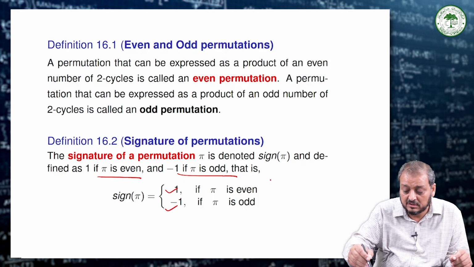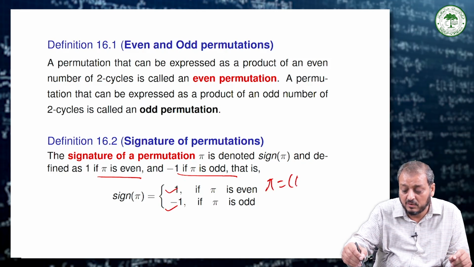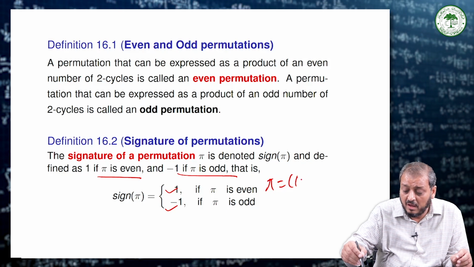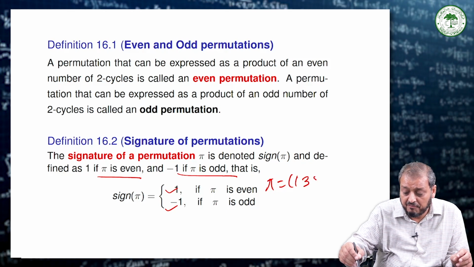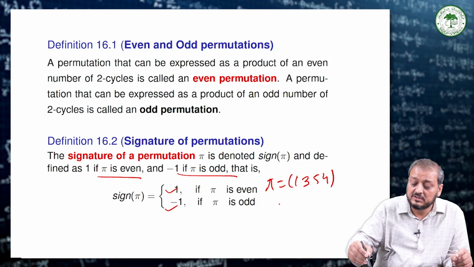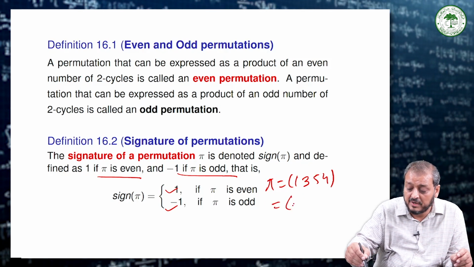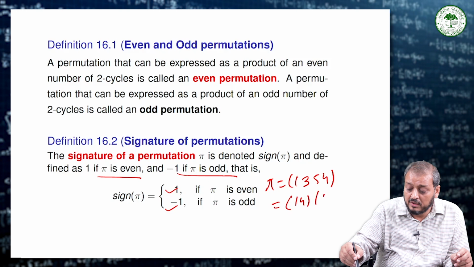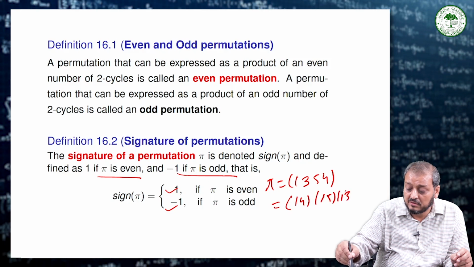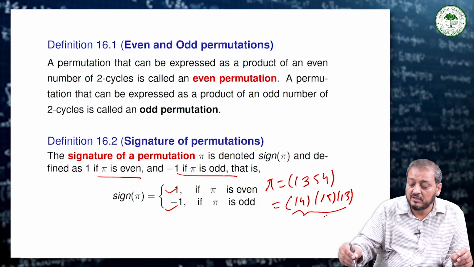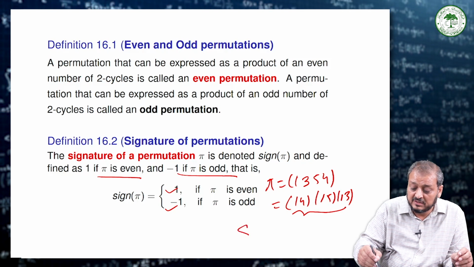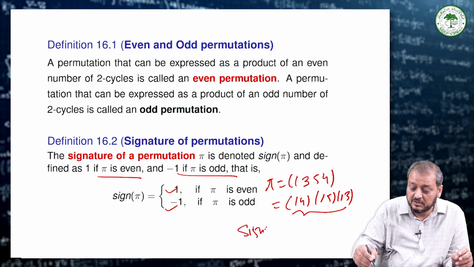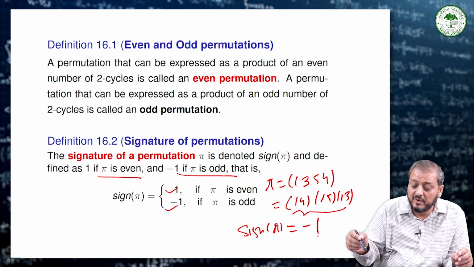Take pi as (1 3 5 4). This can be written as (1 4)(1 5)(1 3), which is clearly odd. So the signature of this pi is equal to -1.